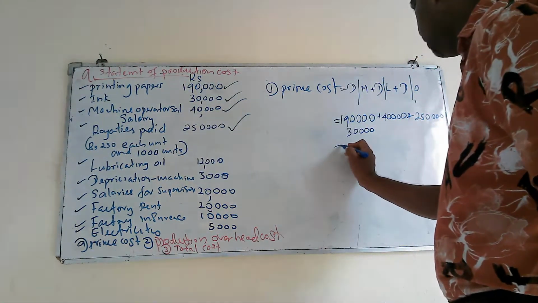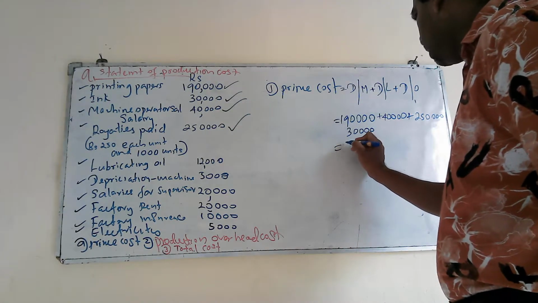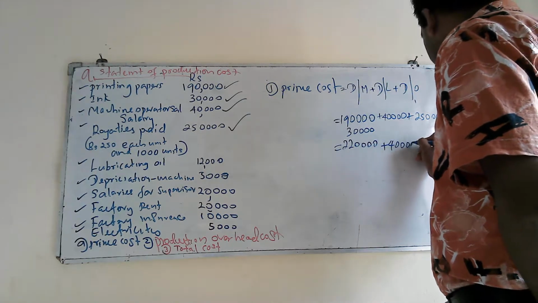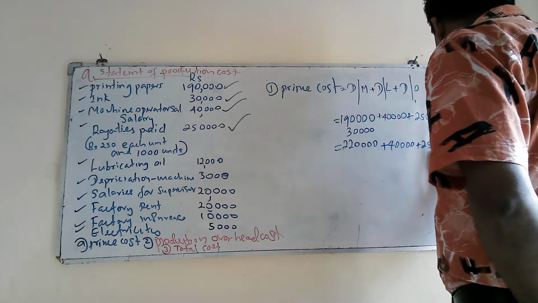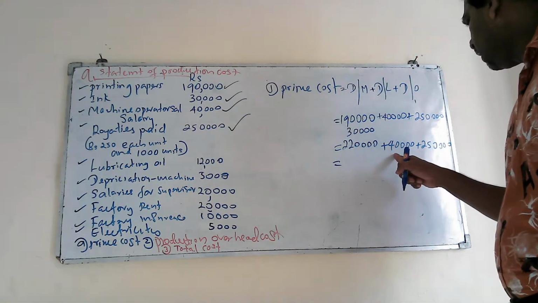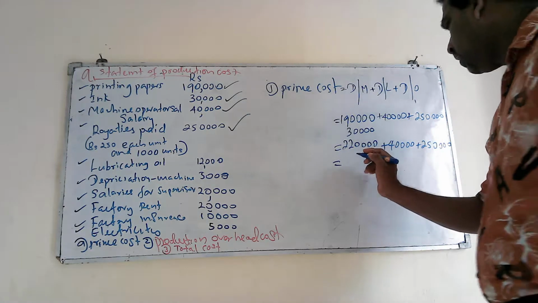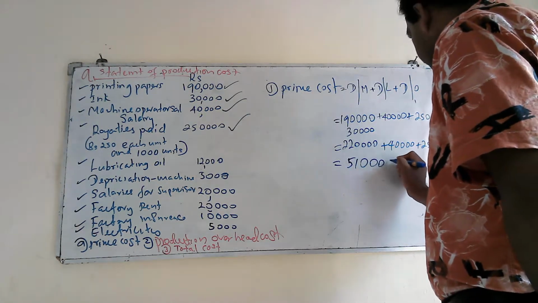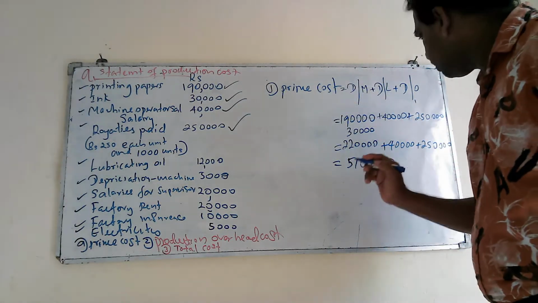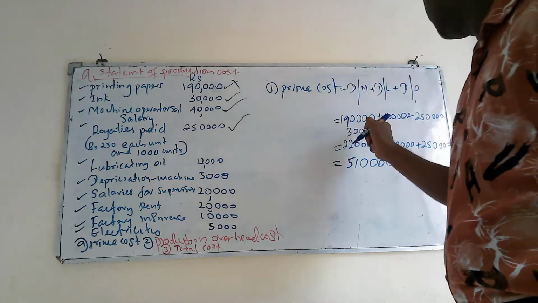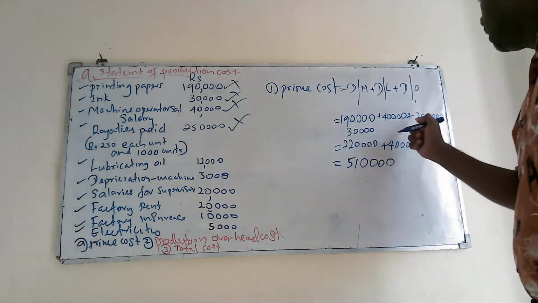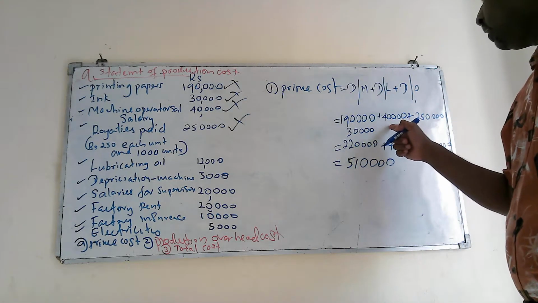Alright. Then when you add these three: 220,000 plus 40,000 plus 250,000, altogether 510,000. At the exam, you have to check whether your answer is correct. 190 we have got, 30 we have got, 40 we have got, and 250 we have got.